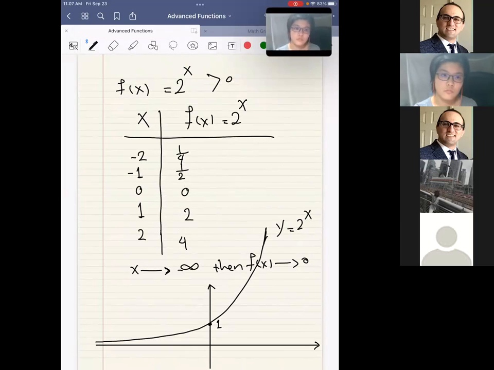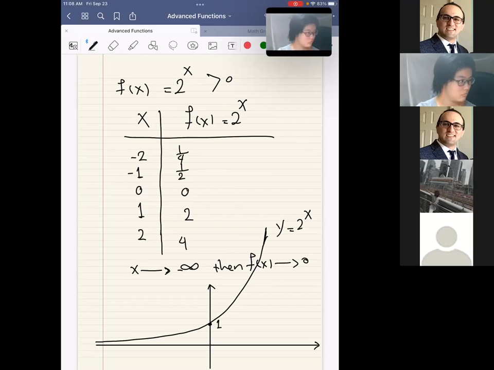And you see there is a significant difference between 2 to the power x and x squared. Because when you have 2 to the power x, the exponent is a variable. The exponent is subject to change, right? But for x squared, the exponent is fixed, it's 2. But the base is changing, okay?